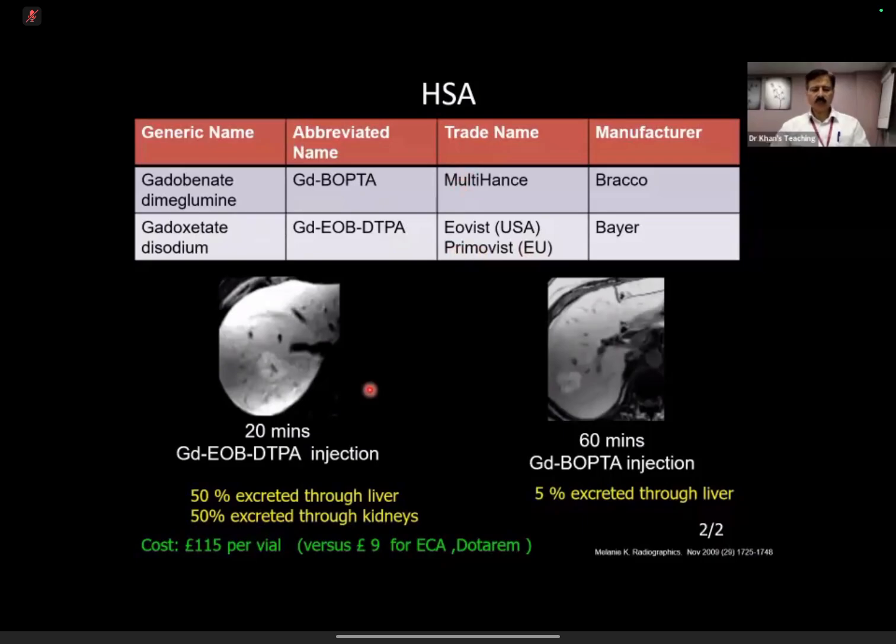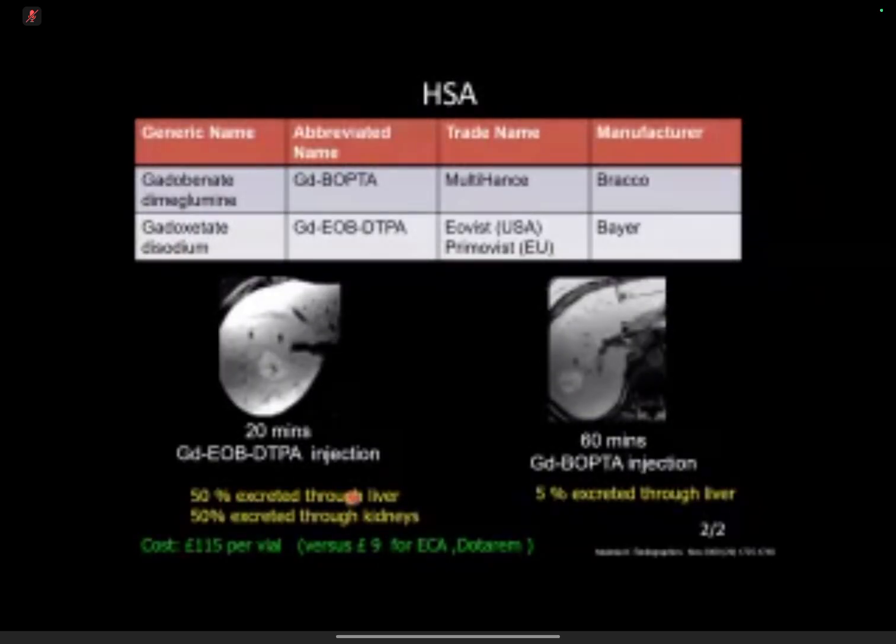Key point to remember is, it is a very expensive contrast agent, by the way. One vial will cost you 115 pounds versus for the ECA, it is only 9 pounds. We use Dotarem in our department. And the key point to remember is the excretion of this, and how do we utilize it for imaging? 50% of this is excreted through the kidney, which is usual, but 50% is excreted through the liver.